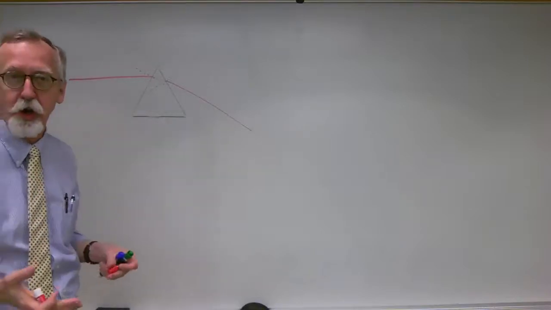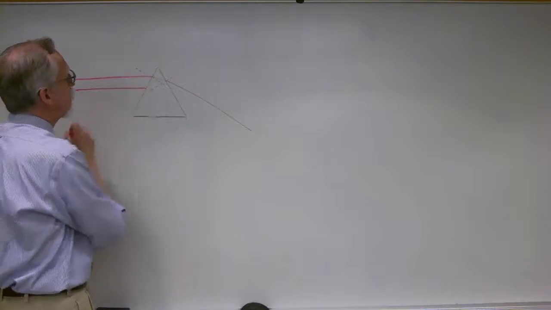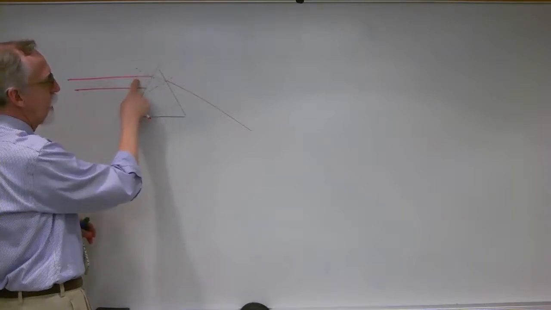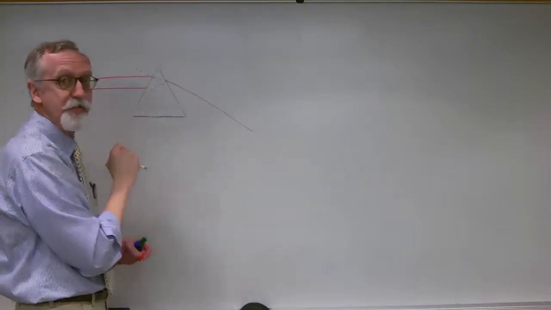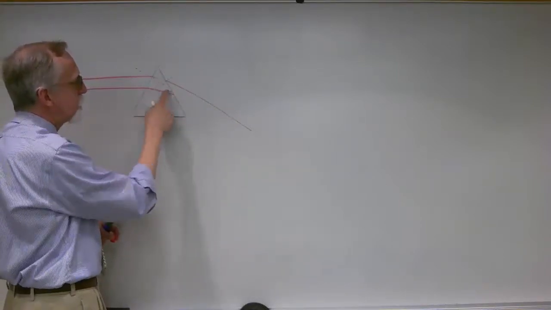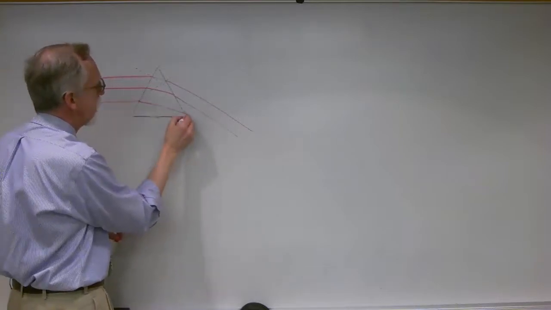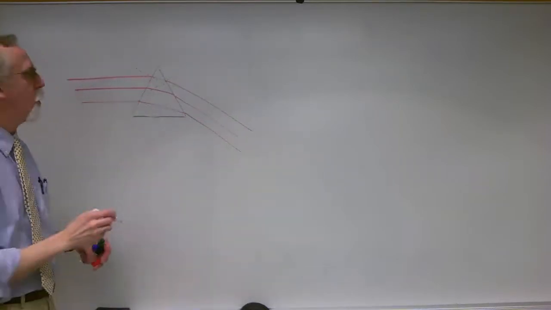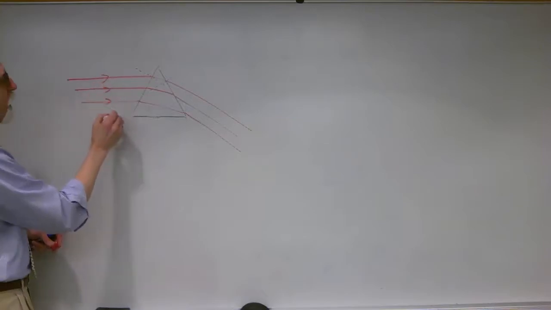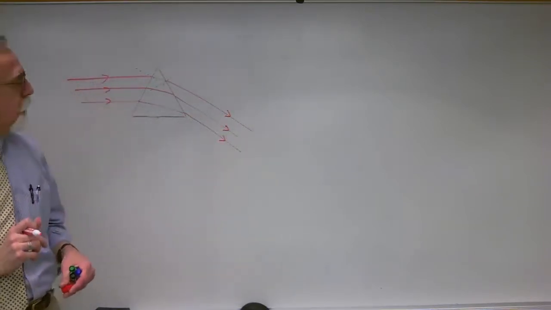And that's just what we saw when we actually had the prism up there. A parallel ray will strike the prism at the same angle as the first one, so it will be refracted at the same angle. That will then strike the backside at the same angle as this one, and will come out again parallel. And another ray coming in here will come out parallel there. So we have these three incoming rays all refracted as parallel rays over there.